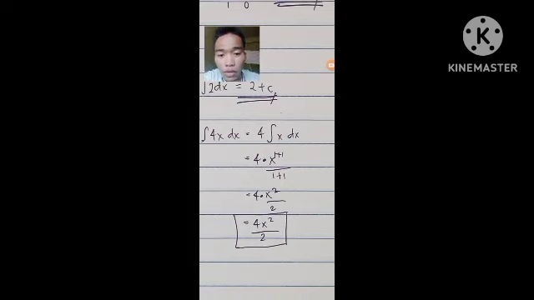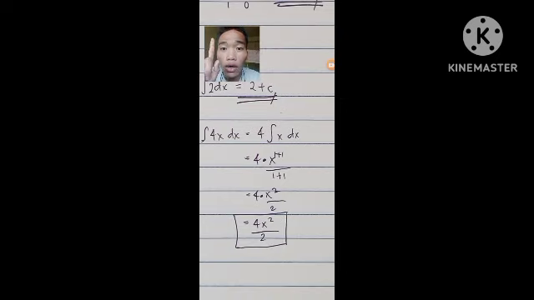Then we have 4 times x, and x is only 1, so x squared. Unlike the derivative where you subtract 1, in the integral you add 1.